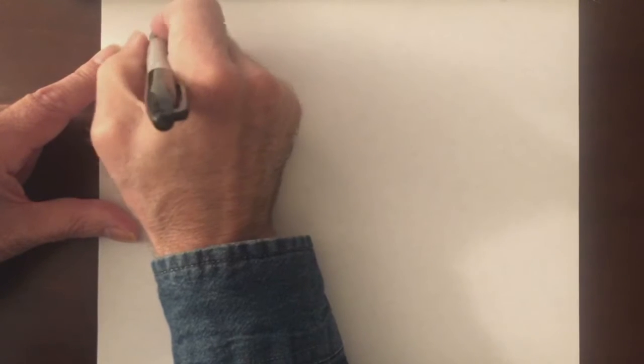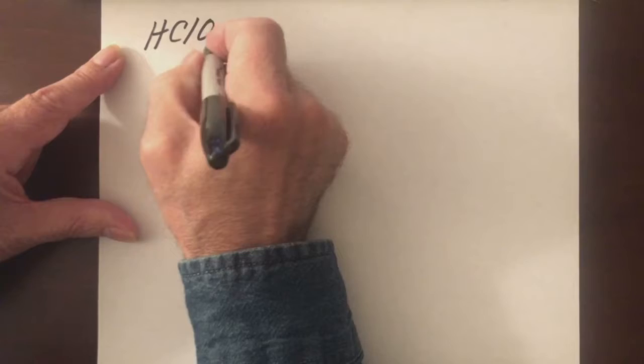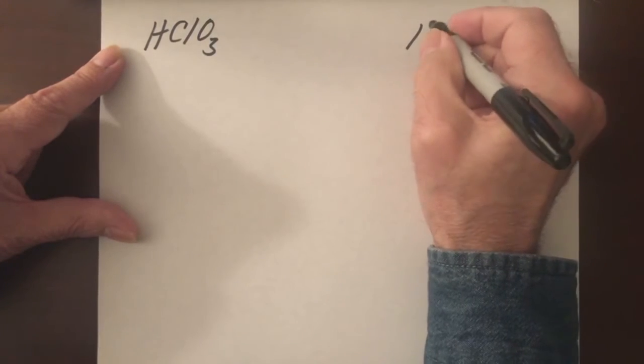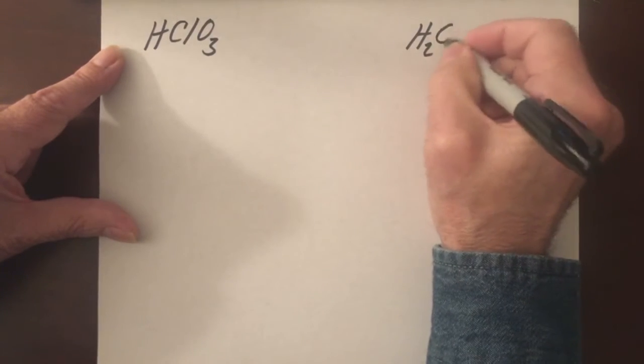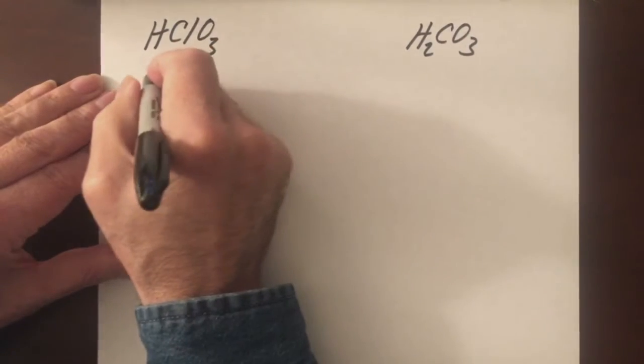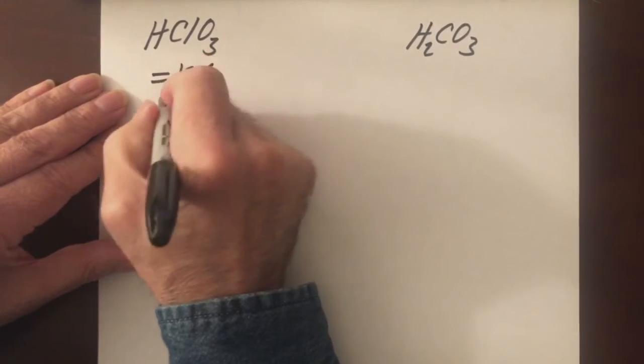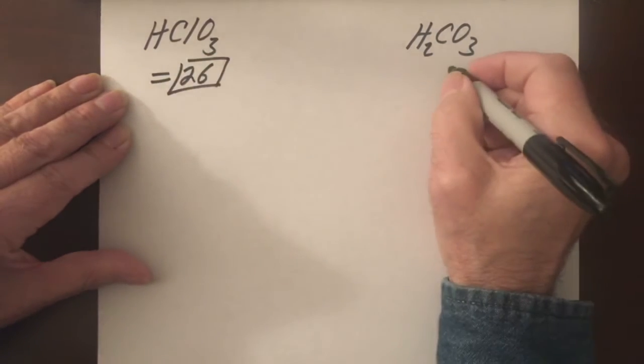Okay, let's do a couple more oxyacids. Chloric acid and carbonic acid. Now for chloric acid, let me just go ahead and add them together here. It's 26. And over here it'll be 24.